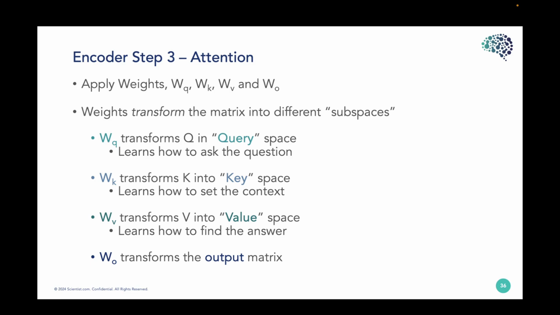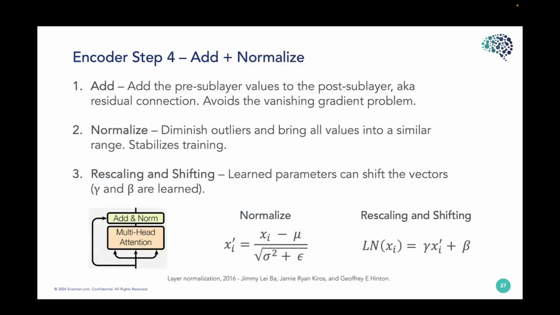And the transformer, through training, is learning how to do that such that it can apply attention in a more meaningful way, such that it can extract more context out of this input. Then it applies the attention mechanism, then it multiplies it by WO, which is just one more transformation that the transformer can learn how to do. It's another transformation matrix.